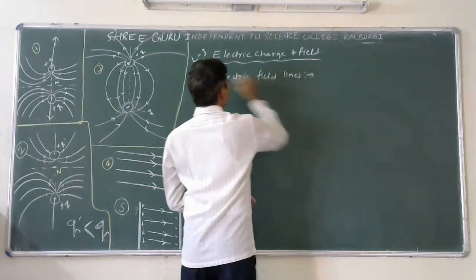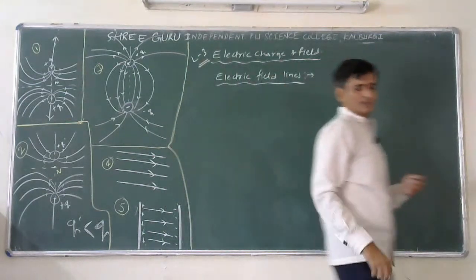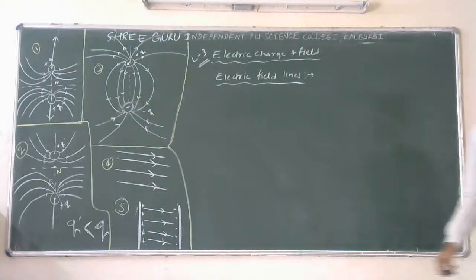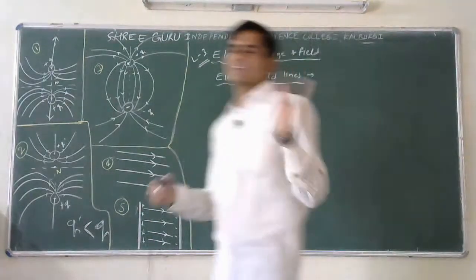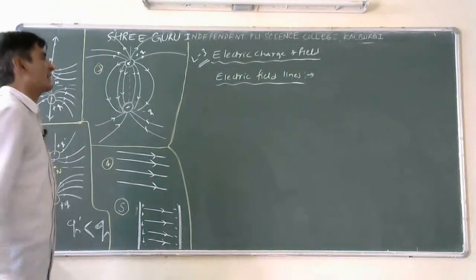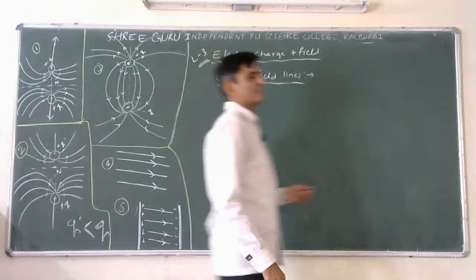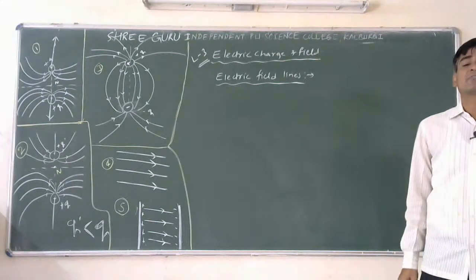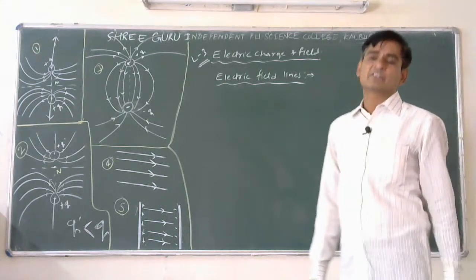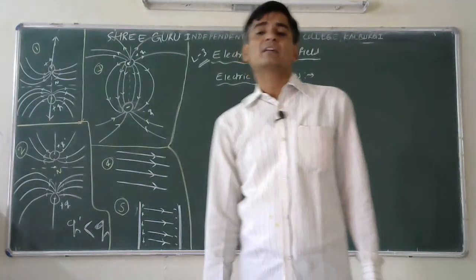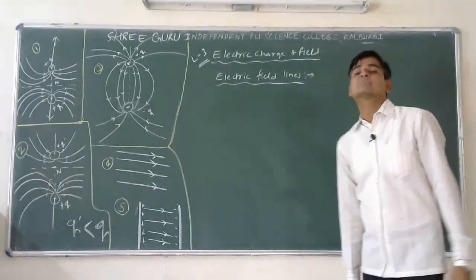So what are electric field lines? Like magnetic field lines, have you heard of magnetic field lines? Like that, electric field lines. Electric field lines are imaginary lines which are used to represent electric field intensity in space.